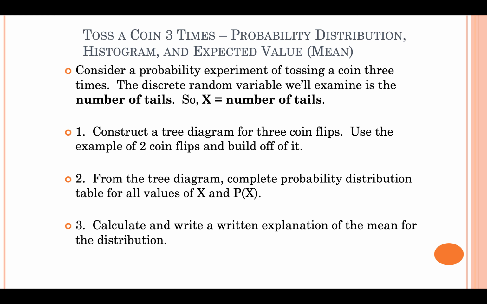And once the probability distribution table is complete, we are going to calculate the mean of the distribution, the expected value, and we're going to write a verbal explanation of what that means. Once that's complete, we're going to build our probability histogram. Okay, so that's the steps that we're going to follow in doing this problem.